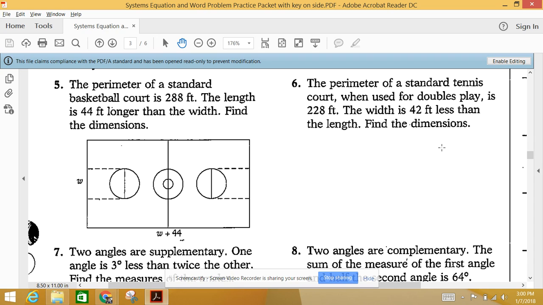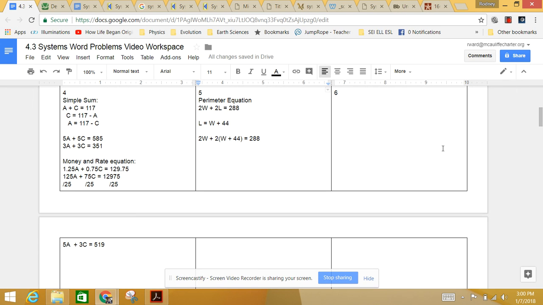Okay, so we know if it's a rectangle, the perimeter is 2 times the width plus 2 times the length. So we can go in here and do another one. 2W plus 2L equals 228 feet in this case. And that's our perimeter equation. And then we also know the relationship between length and width.